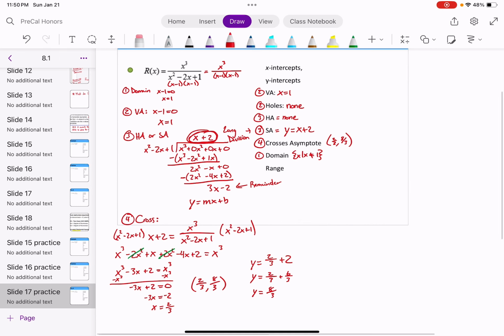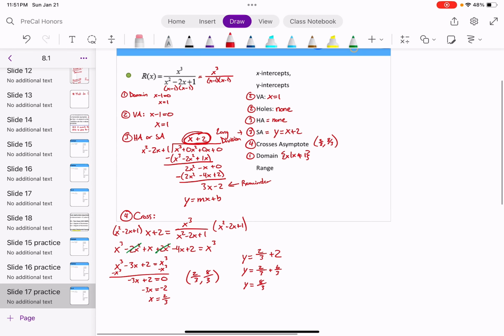Our next steps are going to be our y-intercept and our x-intercept. So we're going to go ahead, we're going to take a look, and we're going to plug in our 0 for our y-intercept. Now keep in mind, whenever we have a y-intercept, that means we are plugging in 0 in for x. We are plugging that 0 in.